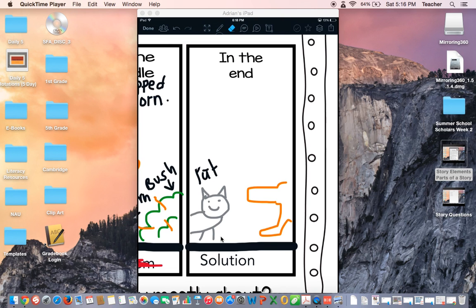It's not a very good A. And I'm going to draw a dog with a smile again because it looks like Pat helped him get the thorn out.